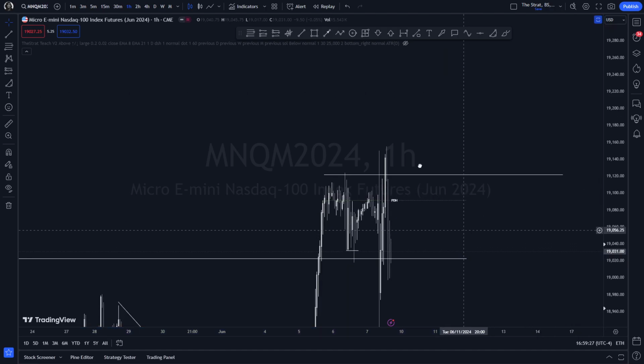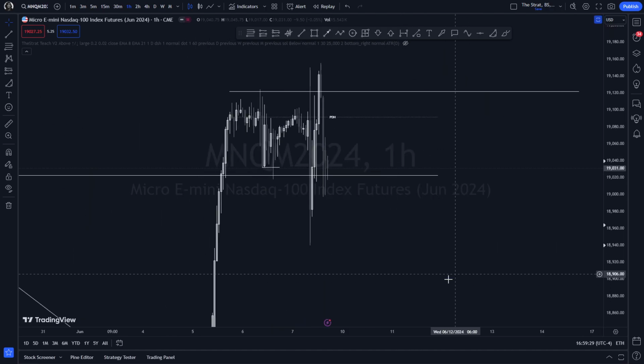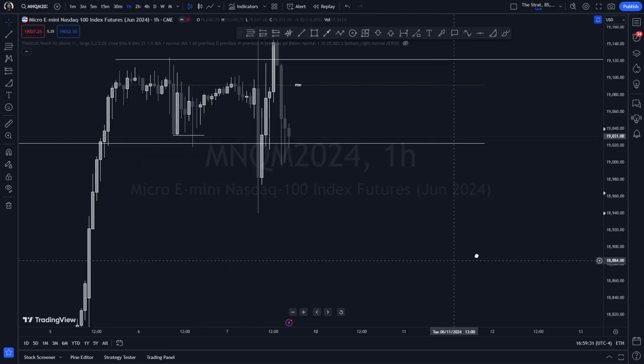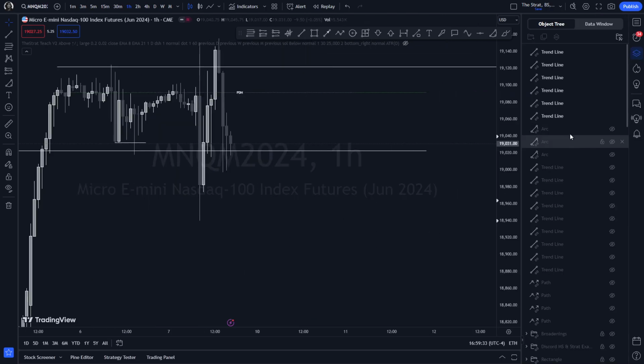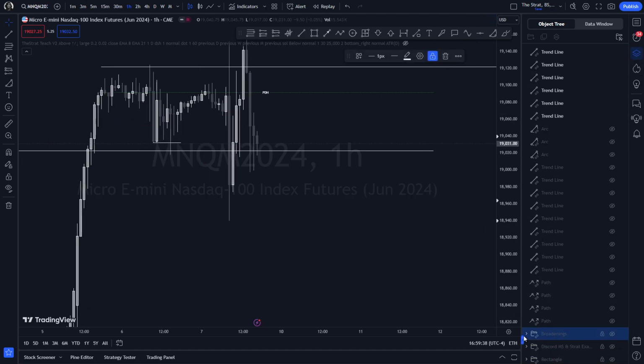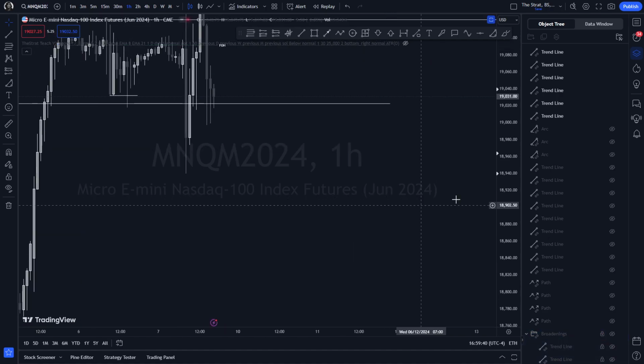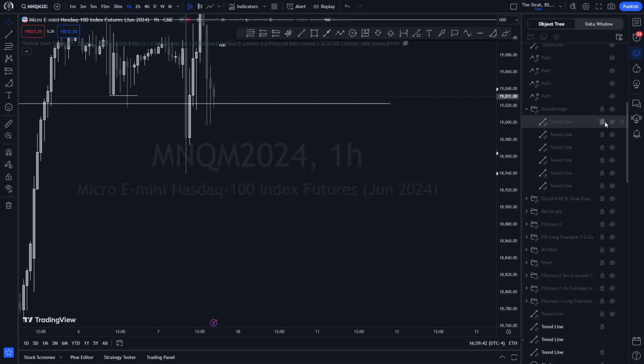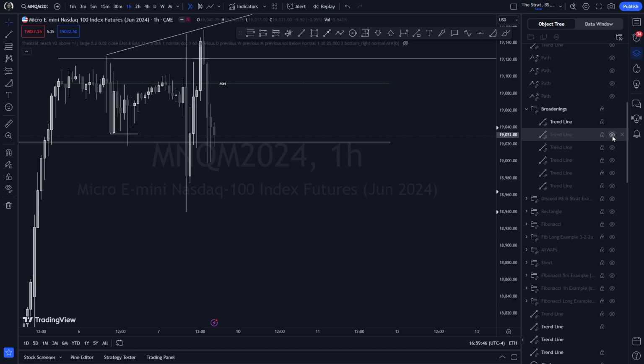So what tends to happen, based on how I trade with broadening formations, is you'll see something like this. Let's see, what's the most recent? Let me see.